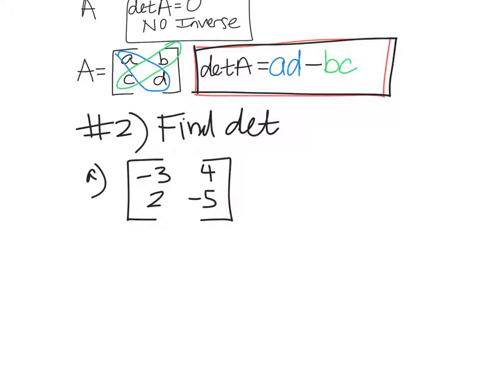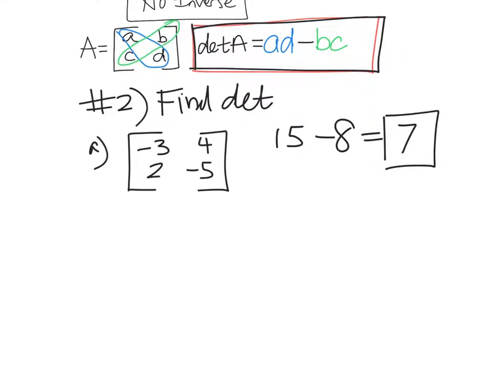We're going to learn that on Monday. But right now, 2 by 2s. So all you do is start in the left-hand corner and multiply the diagonal numbers together. So what's -3 times -5? 15. I almost spoiled it for you. And then subtract, multiply the other diagonal together. 2 times 4, 8. So the determinant is 7.